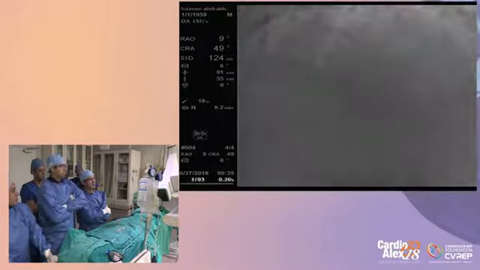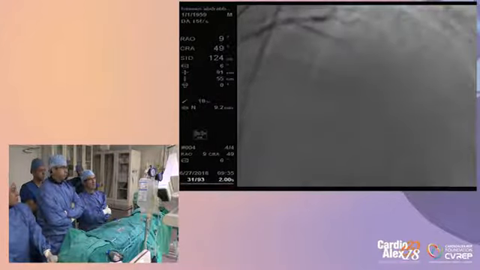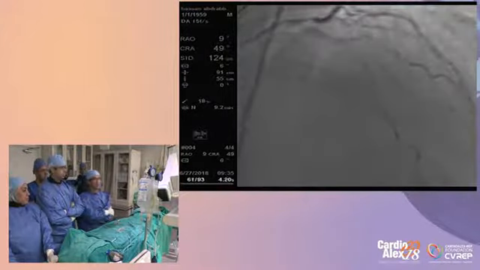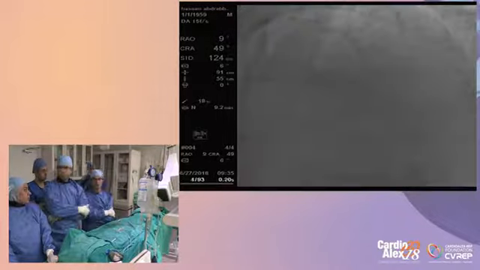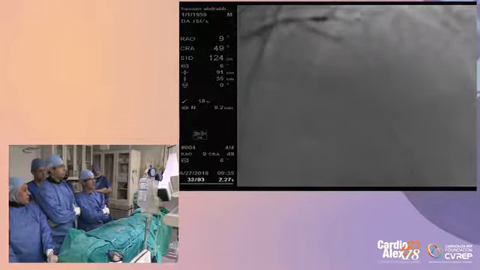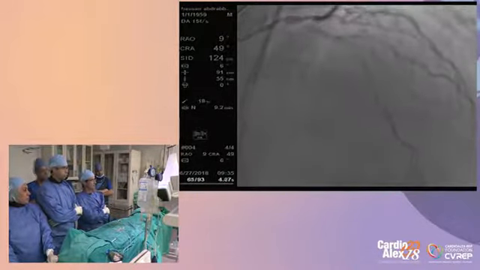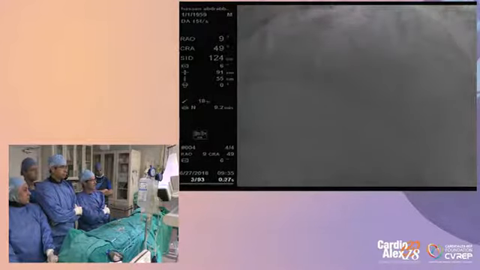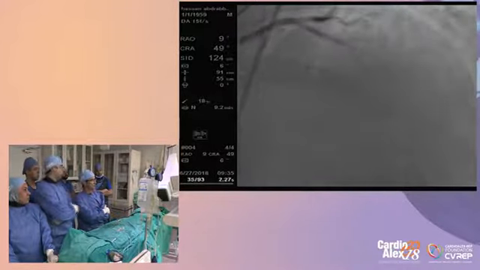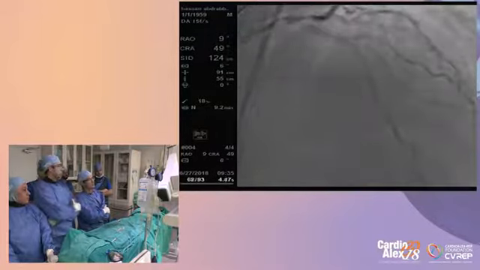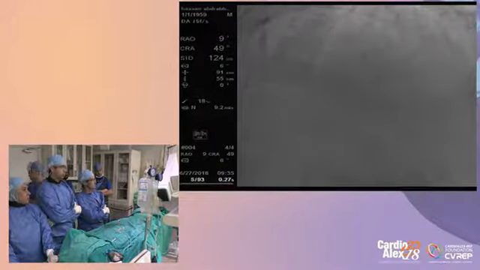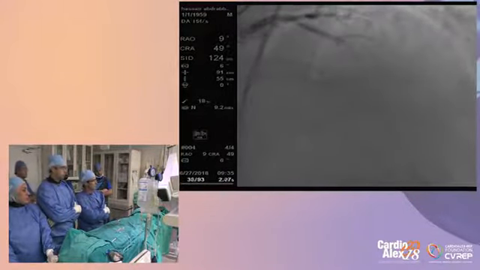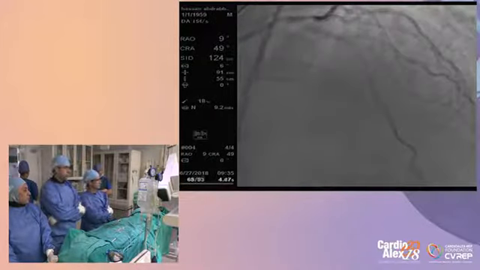And we had some doubt regarding the ostial LAD, and we wanted to have a clear idea on the left main trunk distal and the ostial LAD to be sure that there was not something wrong. And so, if you agree, we will show you the IVUS.